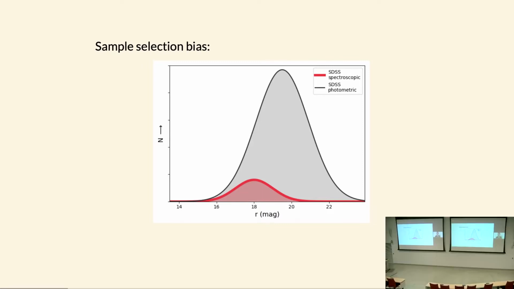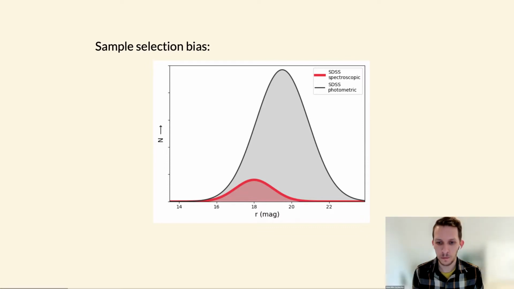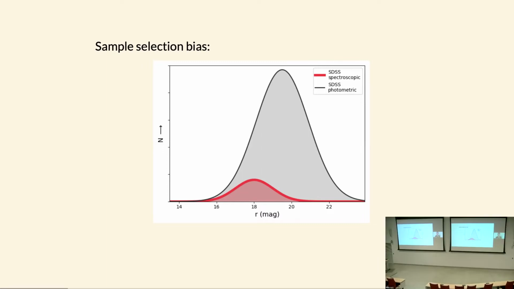We were talking about how there are faint, far objects in the photometric data set that are not all represented in the spectroscopic one. So you can't possibly make a model that would be representative of the entire data set that you have.